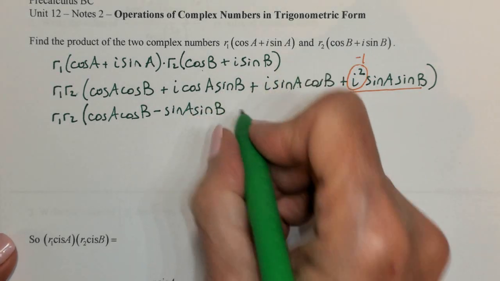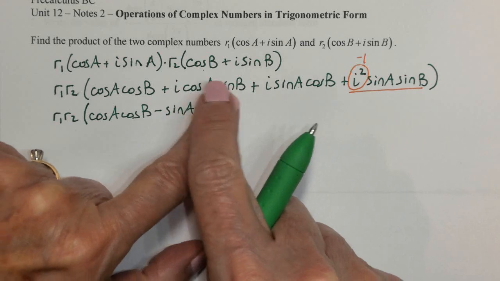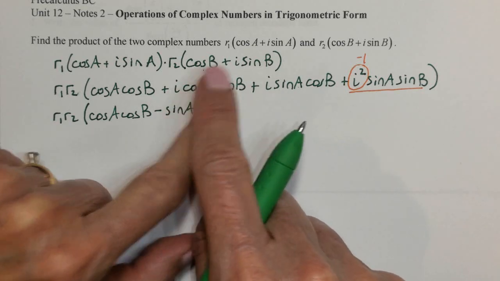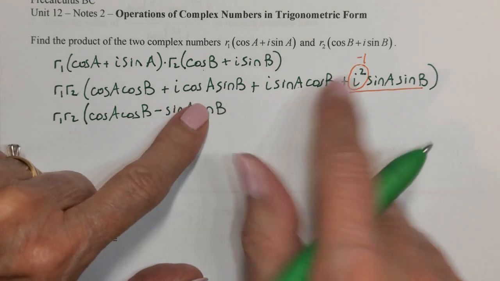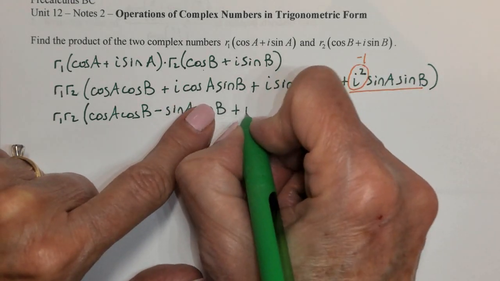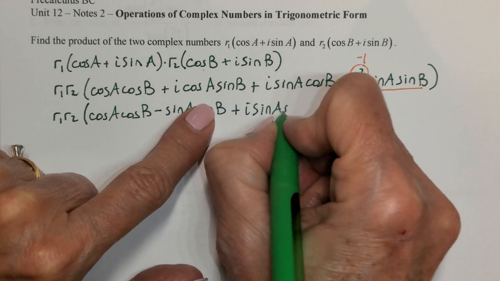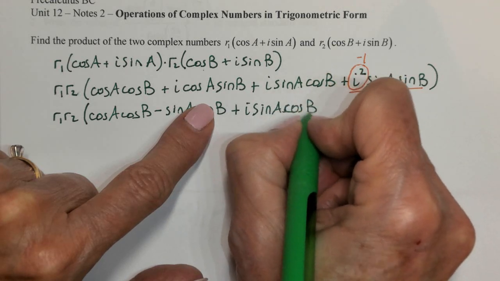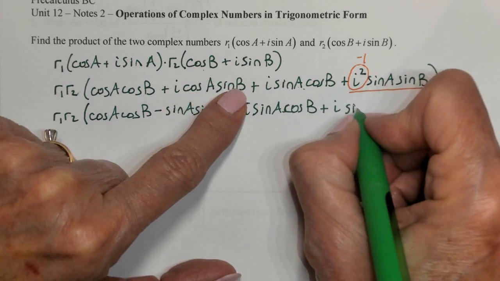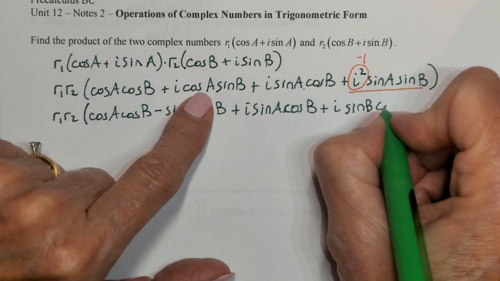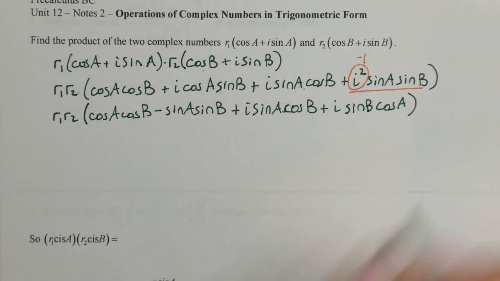I'm going to take these two and just switch them, so I'm going to write this as i sine A cosine B plus i sine B cosine A. Alright?